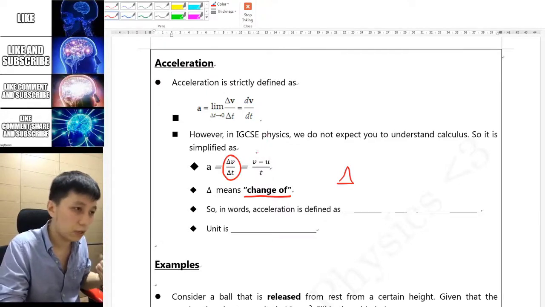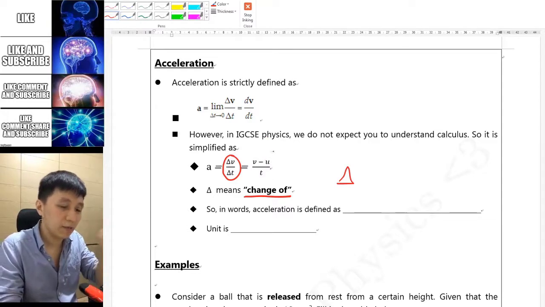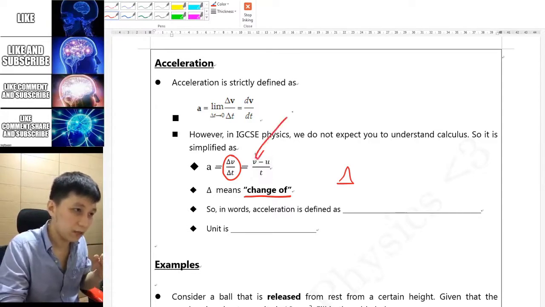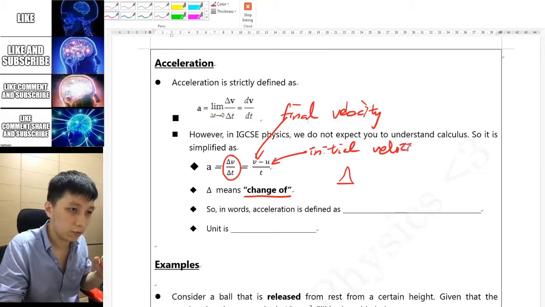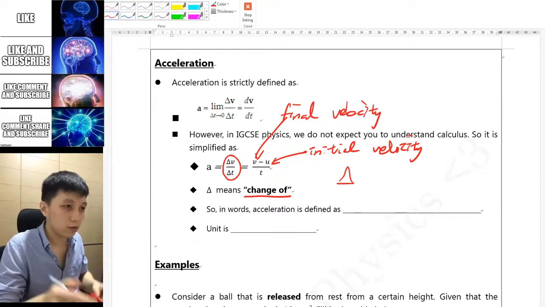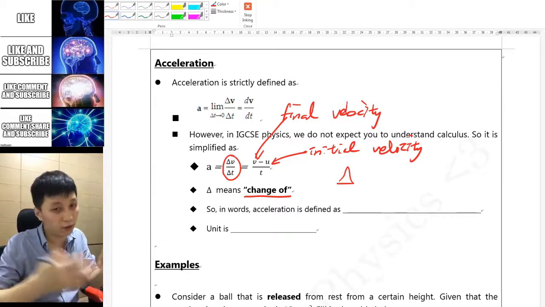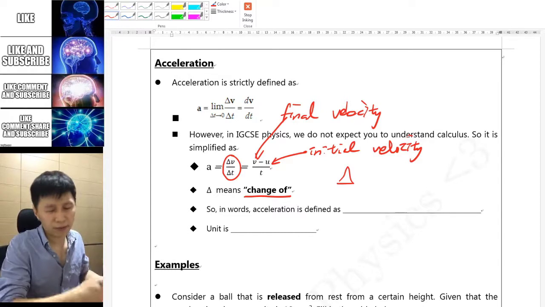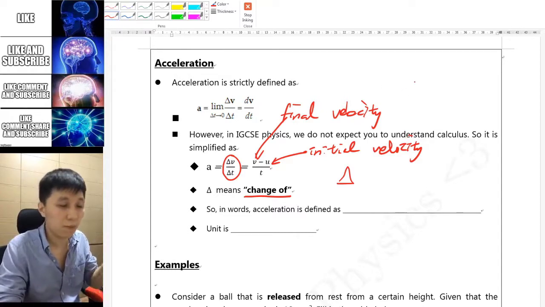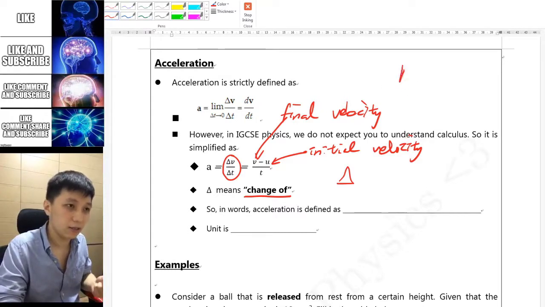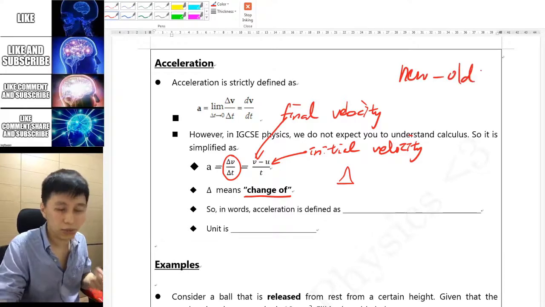With symbols, we would put it down as V minus U, and the reason why it is V minus U is because V is the final velocity and U is the initial velocity. You may want to put it down in your notes as well. If you minus that, then you're finding out the change, because in mathematics you always find the change by calculating new minus old.